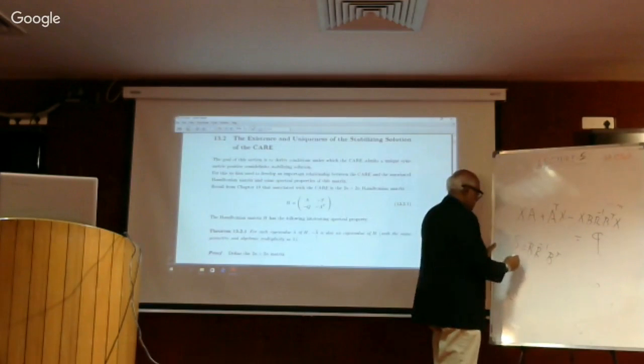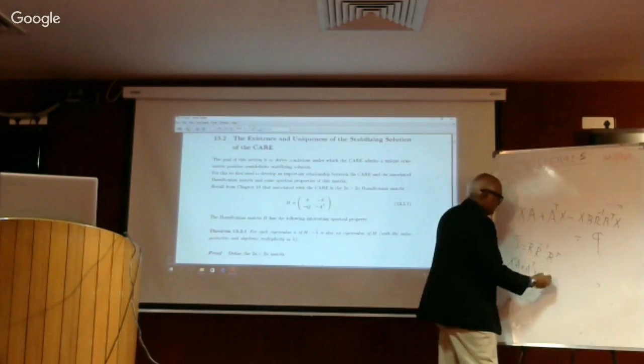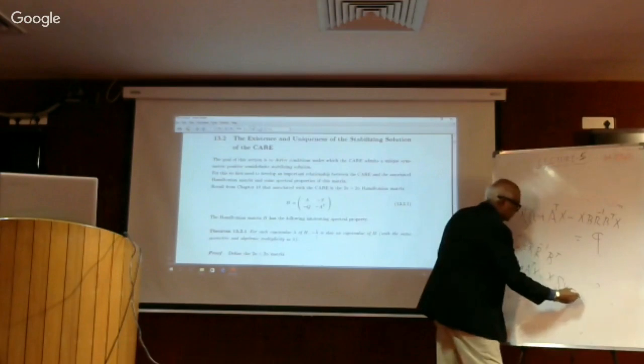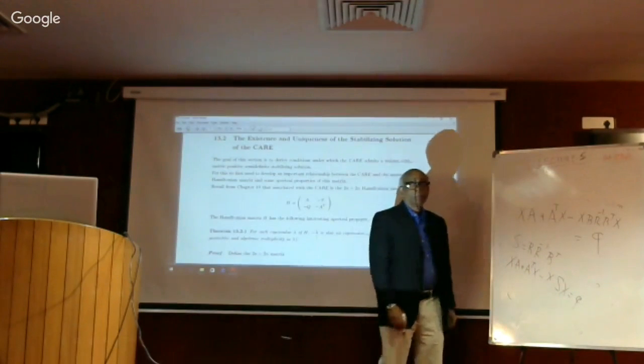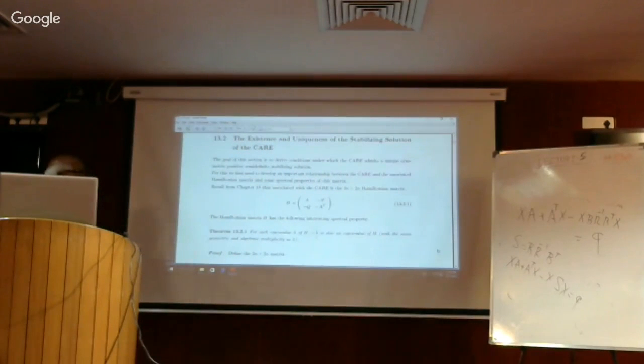So the Riccati equation is XA + A transpose X minus XSX. Associated with it, we define a 2n by 2n matrix with a very special structure: the diagonal blocks are A and minus A transpose, and the off-diagonal blocks are minus S and minus Q.